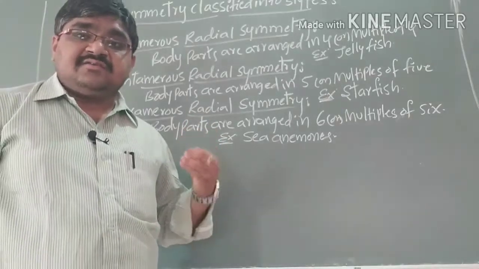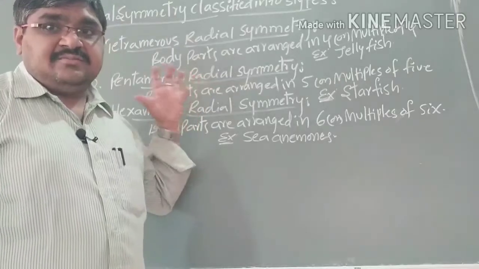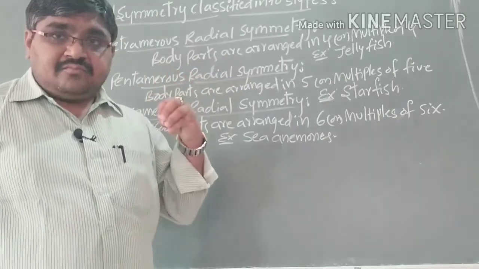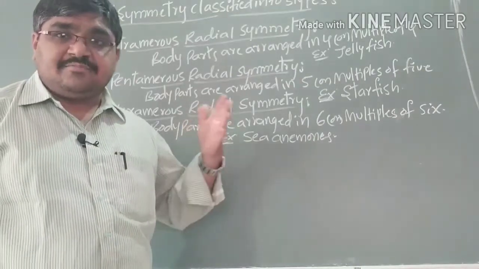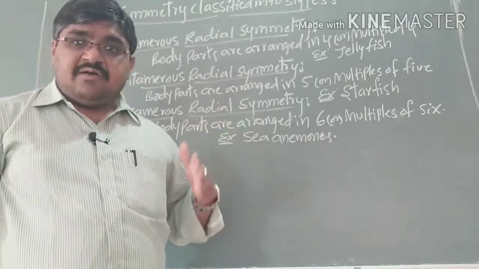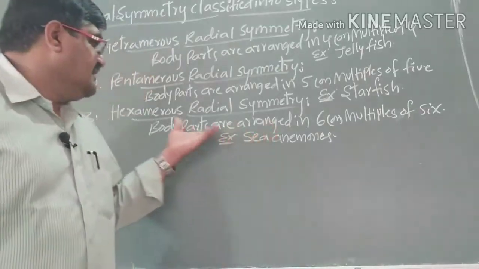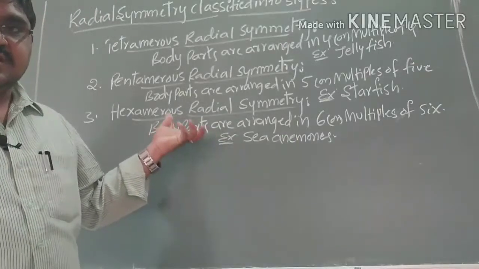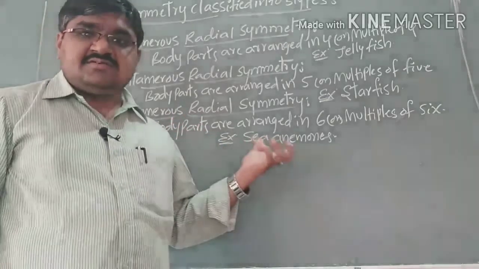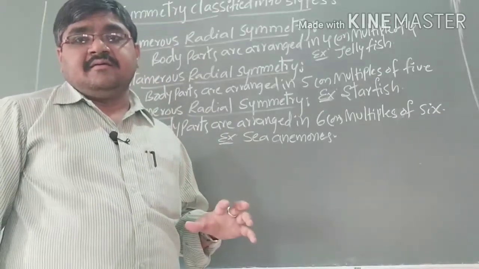The radial symmetry is classified into three types based on the number of body parts produced: tetramerous, four parts; pentamerous, five parts; and hexamerous, six parts arranged. So this process is called radial symmetry.